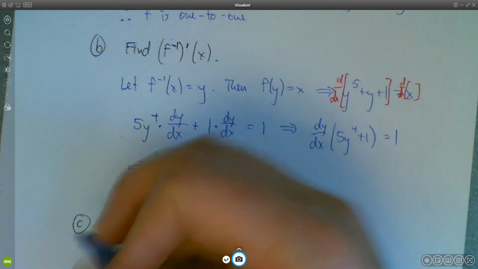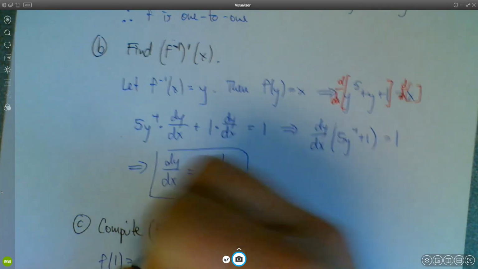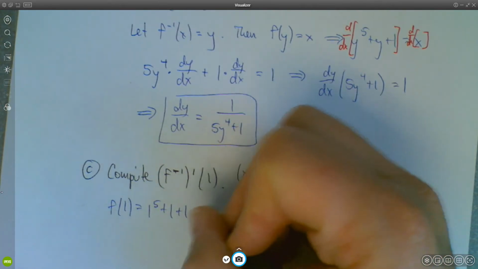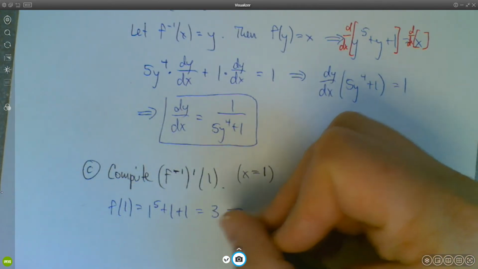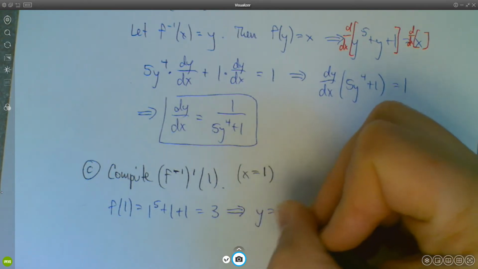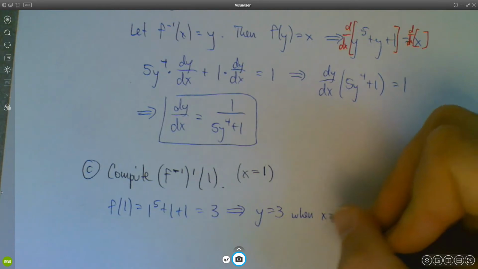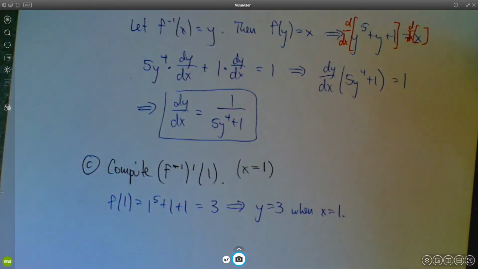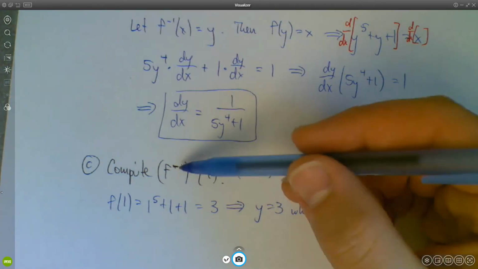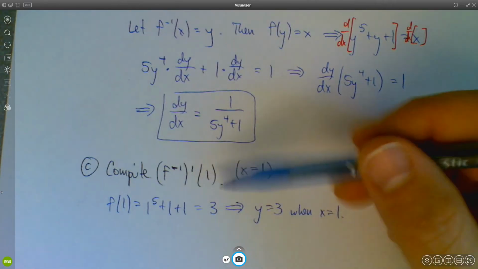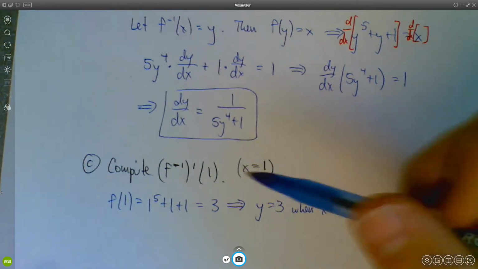We're going to plug in 1 for x to see what we would get for the output, right? So let's see. f of 1 equals 1 to the fifth plus 1 plus 1. Well, that's just 3. Okay, so y equals 3 when x equals 1. So f inverse prime of 1 really means that we're going to be plugging in 3 for y.